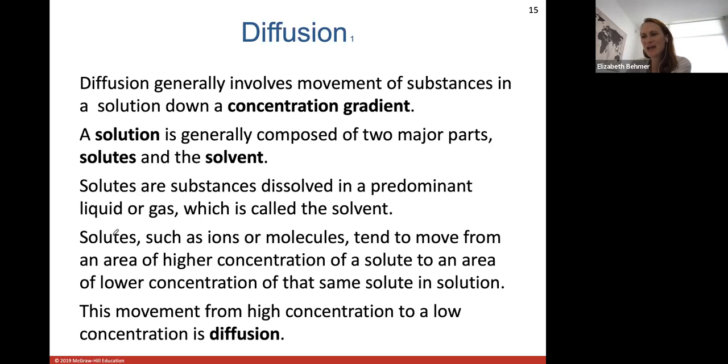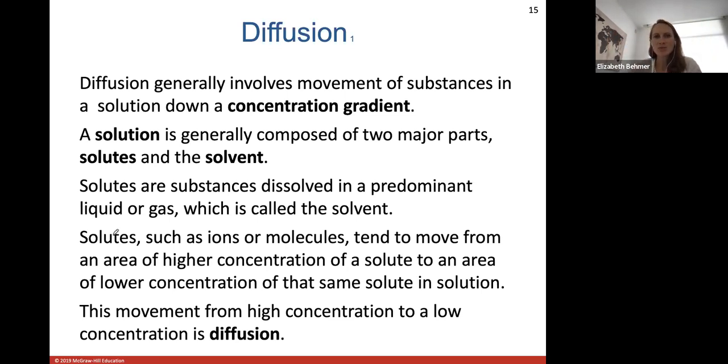So diffusion, this is kind of the simplest one. Diffusion generally involves what we call substances moving down their concentration gradient. So that means that some sort of substance will move from an area where it's more highly concentrated to an area that there's not that much of it.